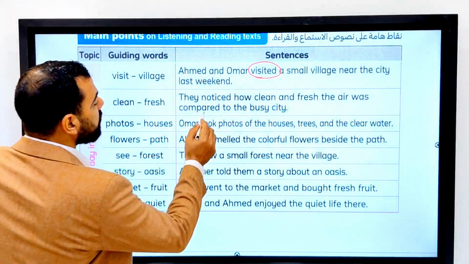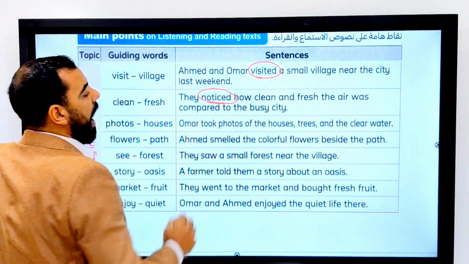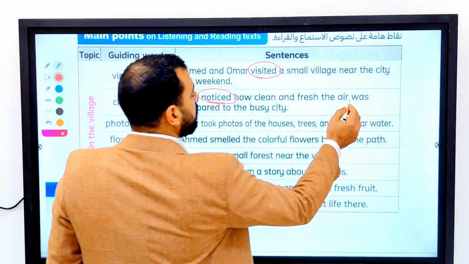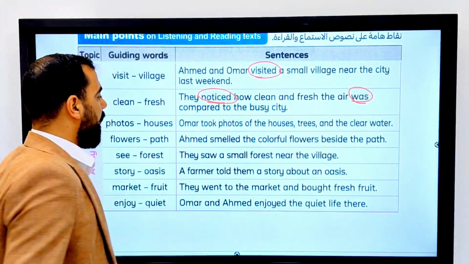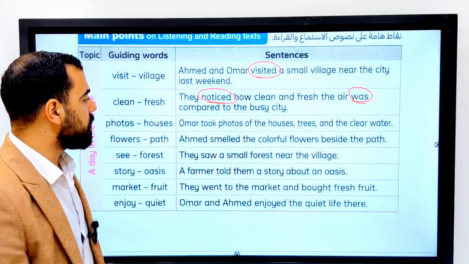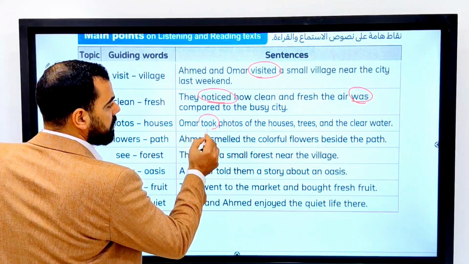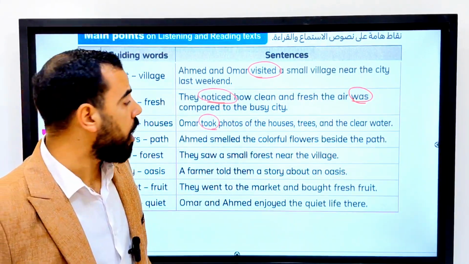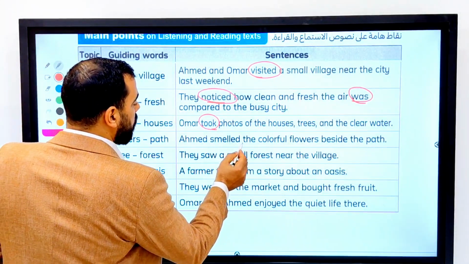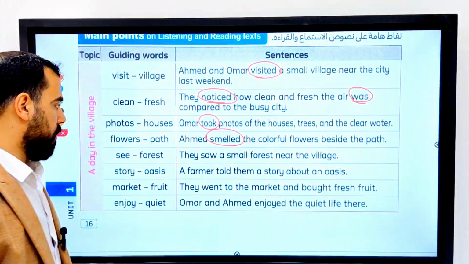Ahmed and Omar visited a small village near the city last weekend. They noticed how clean and fresh the air was compared to the city. Omar took photos of the houses, trees, and the clear water. Ahmed smelled colorful flowers beside the path.